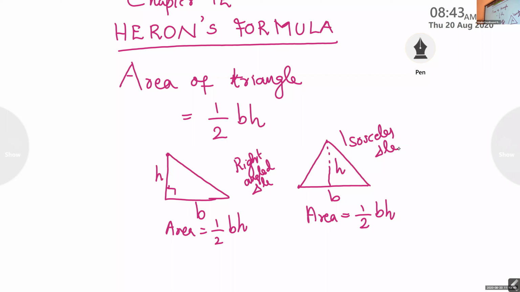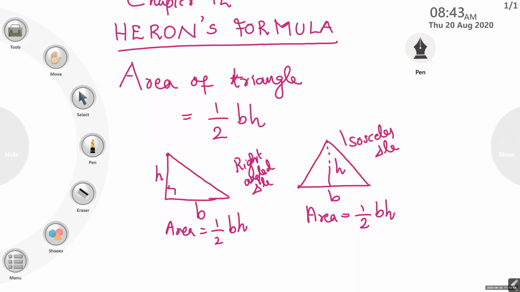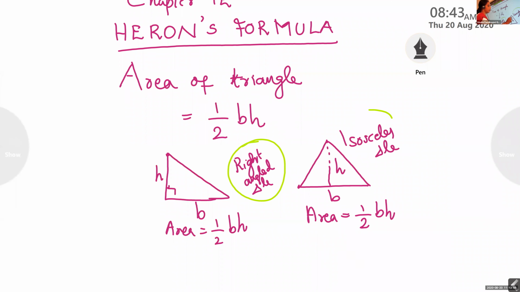Did you understand? Yes, ma'am. So for these two, we are using area equals half BH. So for this right angle triangle or isosceles triangle, we are using half BH. Isn't it?